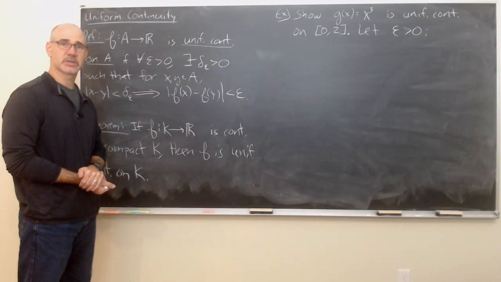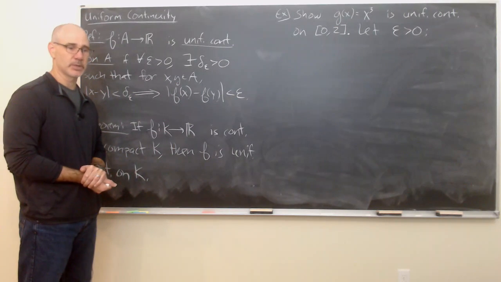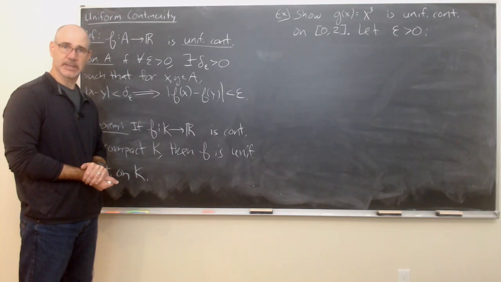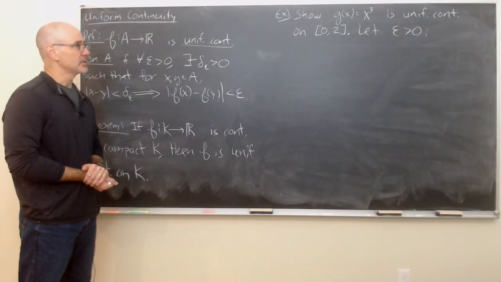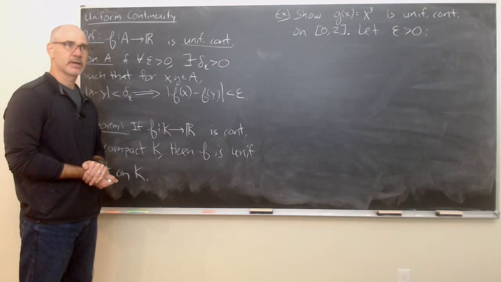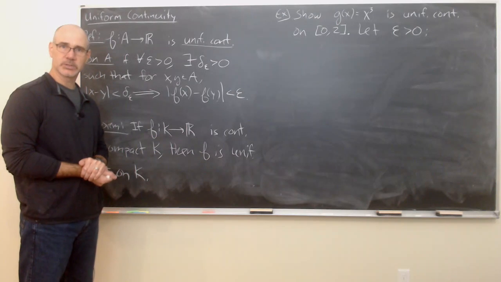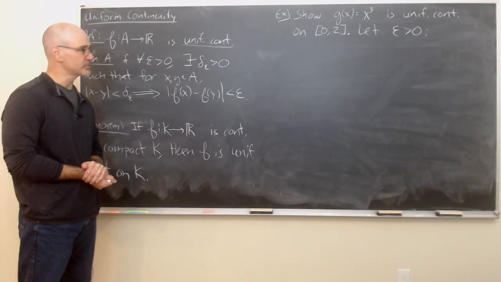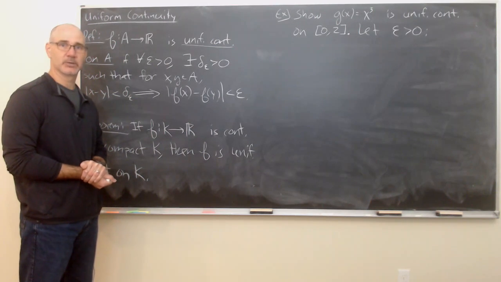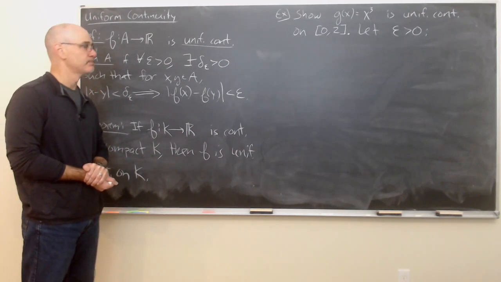The delta sub epsilon in our proof of continuity turned out not to depend on the point c that we chose at the outset. We contrasted that with the function g of x equals x cubed, where a single delta wouldn't do it. In other words, the delta sub epsilon that we ended up with depended on the value of c. It depended on the point we were interested in.